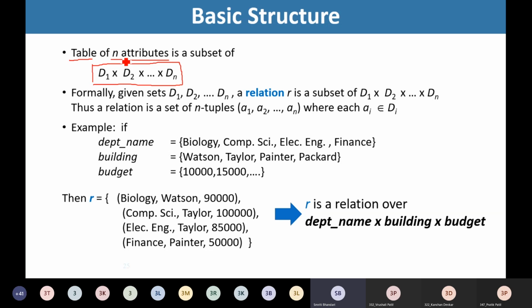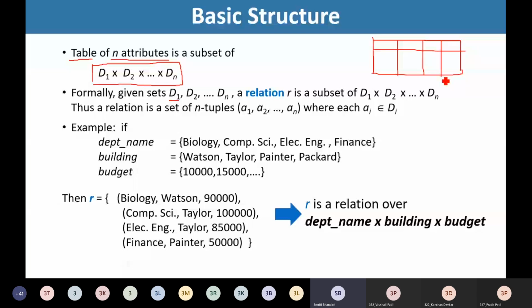The domains are denoted here as d1, d2 up to dn, and every domain is some set of values. Are you getting me? Yes, ma'am. So if we have a table or a relation, table and relation are synonyms in the relational model.